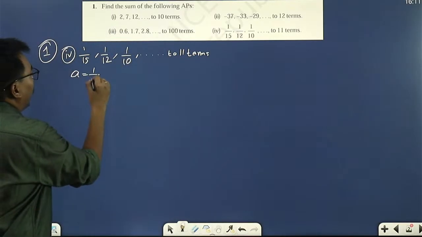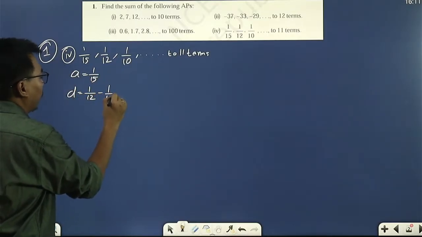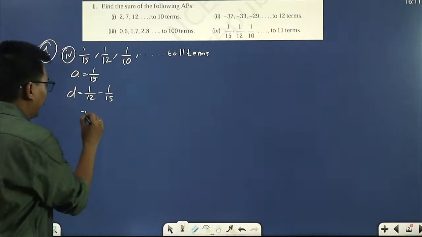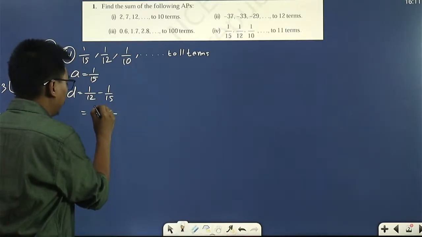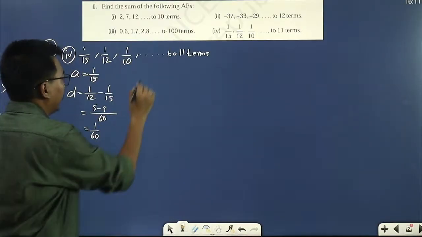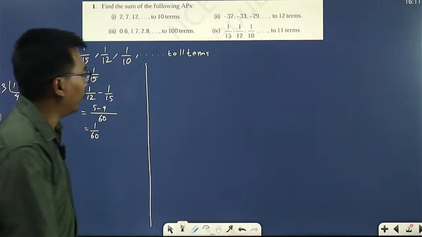So A will be 1 by 15, D will be 1 by 12 minus 1 by 15. Okay, let's take LCM here. It will be 60. So 5 minus 4, so 1 by 60. The value of D will be 1 by 60.